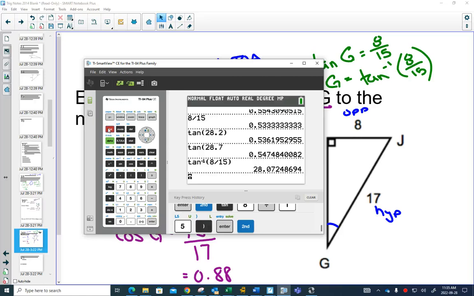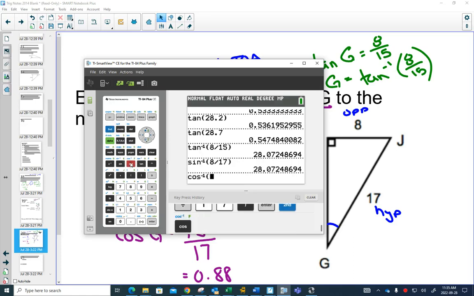If I do sine inverse of 8 divided by 17, because that was my sine ratio, 28.07. If I do cos inverse of 15 divided by 17, they have all of them memorized. They know that if I give you one of the ratios, I can find the angle using my calculator.